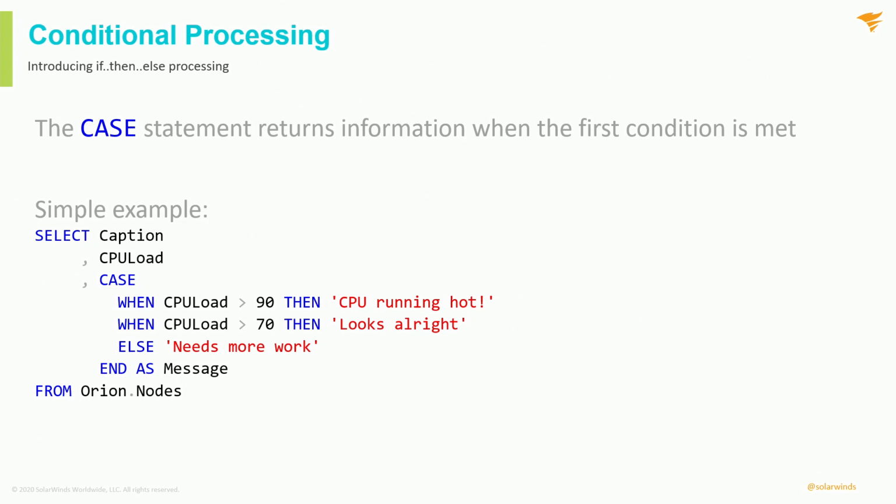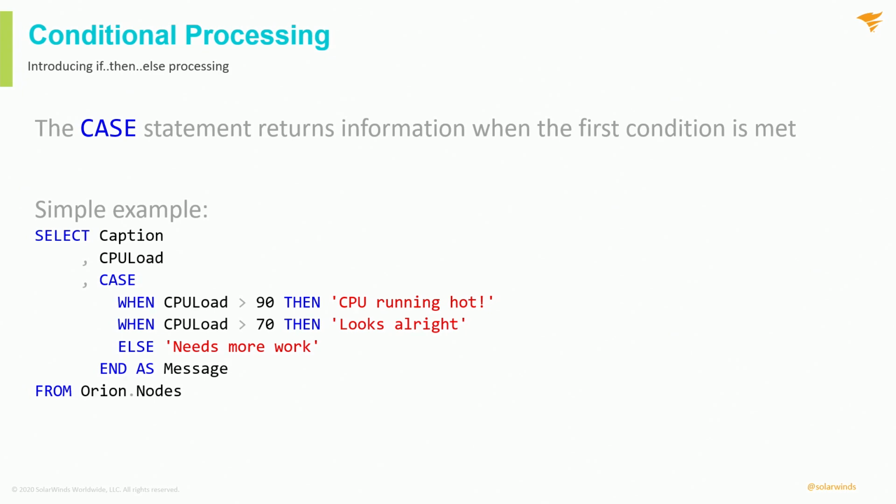And when the CPU load is high, then it returns one thing, in this case a string. When it is not quite as high, it looks all right, and anything else, it just throws in there and says needs more work. And then you end that and give it a name so you can reference that later on. So this one will come through, and it's really simple.